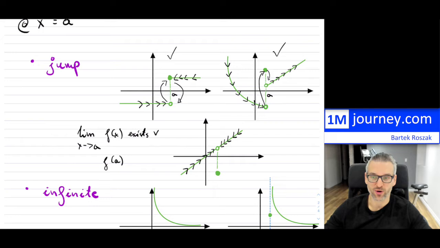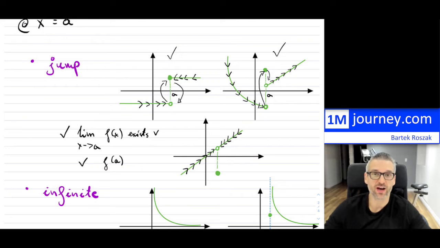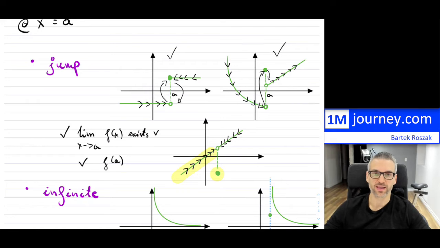However, what does not hold is that these two, our limit and our function at A, are not equal to each other. So that's where it breaks apart. So we have a discontinuity. And also we have a jump discontinuity, because as you're carrying yourself along in this direction, you're going to have to jump in order to place that point there.